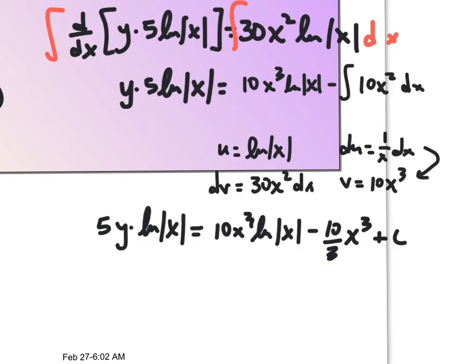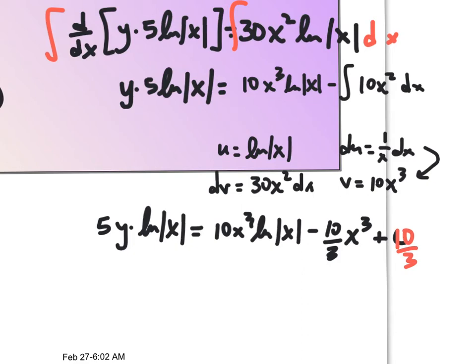Over here I'll get 0 minus 10 thirds plus c. So it looks like c is 10 thirds. So I'm going to work my way back here to save some space. And I'm going to put a 10 thirds on the end here for c. Okay. So let's go ahead and get this all figured out.